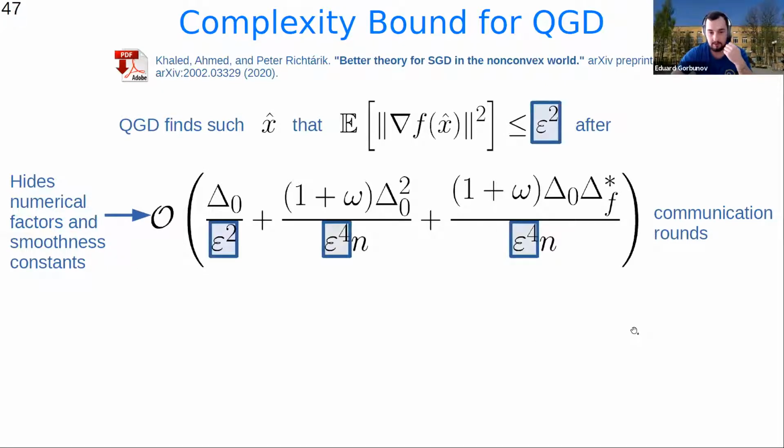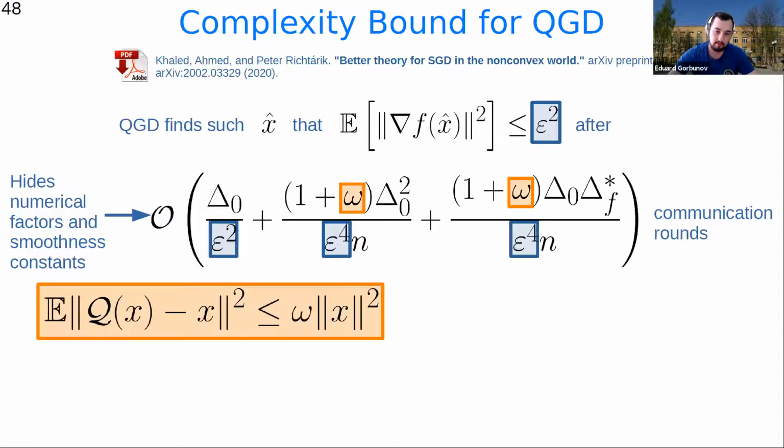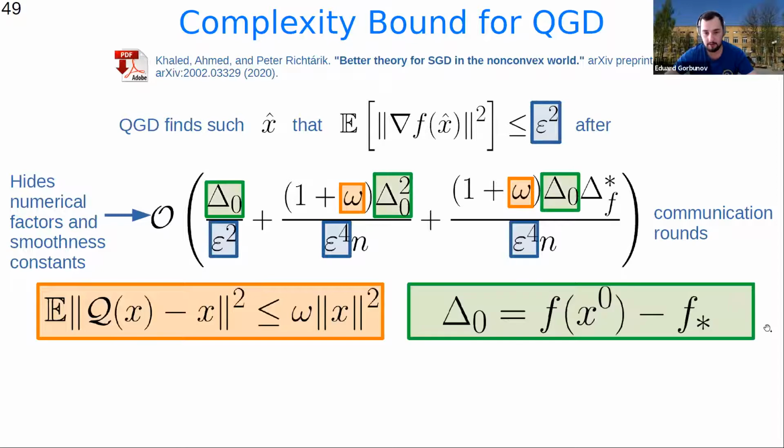We see here that the leading term is proportional to epsilon to the power minus 4, which is bad. Also, let me remind you that omega is a quantization parameter that describes the variance of the unbiased compression, and delta 0 is the difference between the functional value at the beginning and the lower bound.